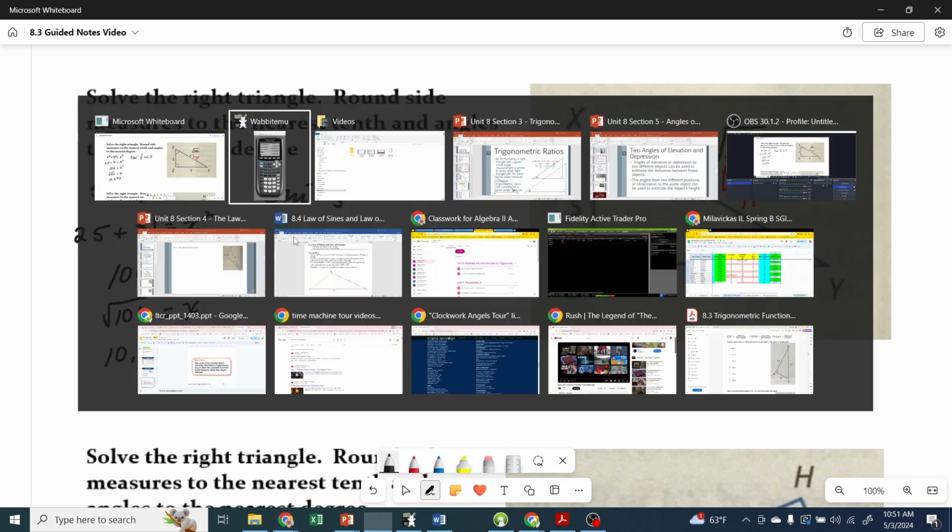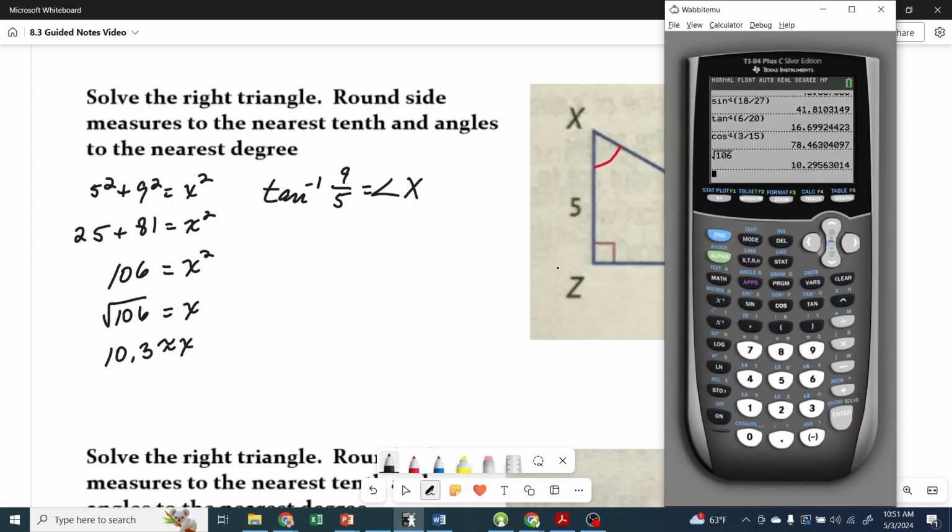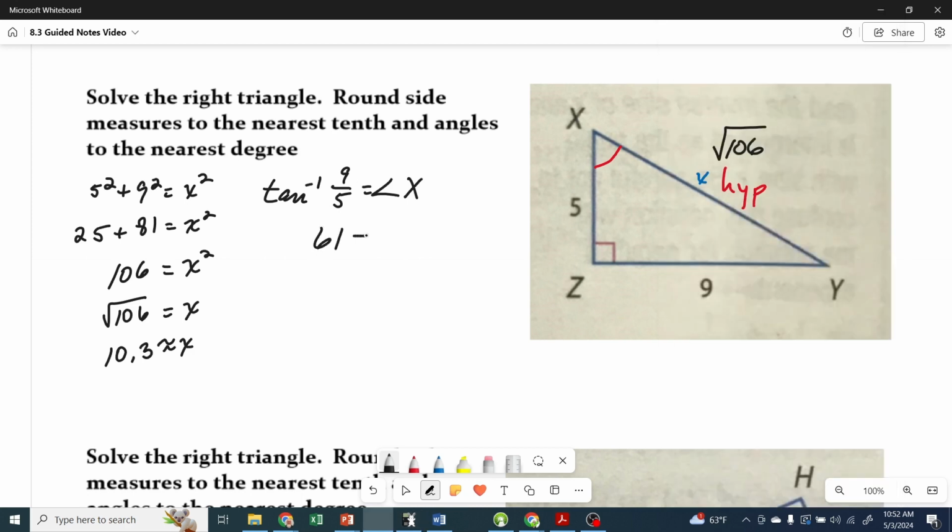We go ahead and plug that into our handy dandy calculator. Second tangent -1 of 9 divided by 5, and we get 60.94, and we're going to round that to the nearest degree, so 61 is equal to angle x.